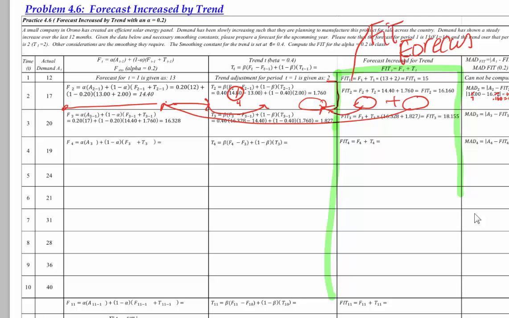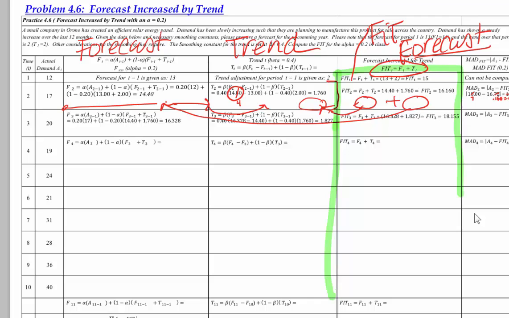So in order to get the FIT forecast, we have to compute the forecast using simple exponential smoothing, we have to compute the trend, and then we have to add those together. So you can see right here that the FIT forecast is comprised of the F in the period plus the T in the period. That's what this is, the forecast and the trend.